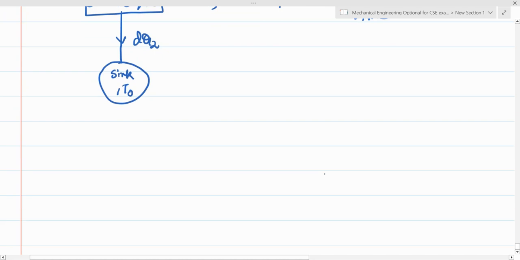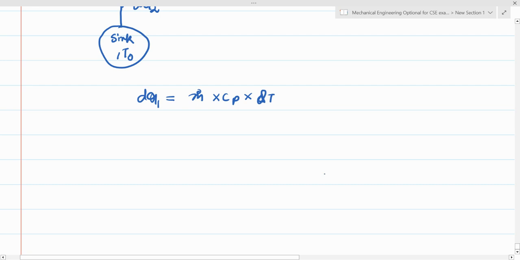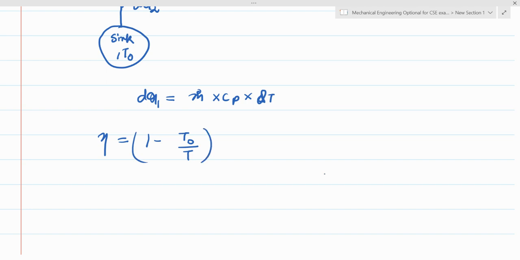Now the heat extracted from the source by the engine, that is dQ1, can be given by mass flow rate multiplied by Cp multiplied by temperature change, or let us write it as dT. Now the efficiency of the Carnot engine is given by 1 minus T0 divided by T, that is, 1 minus sink temperature divided by source temperature.